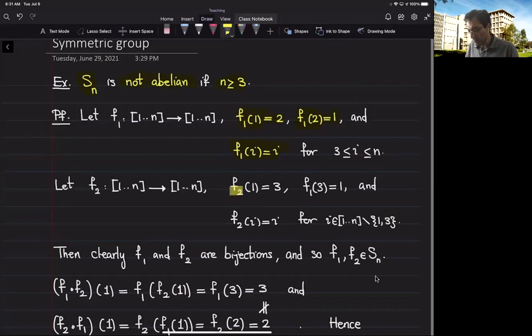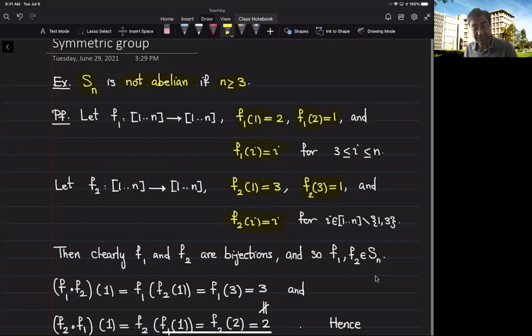So f sub 2 of 1 is 3, f sub 2 of 3 is 1, but I'm not touching the rest. So the first one just switches the order of 1 and 2. The next one swaps the order of 1 and 3. But the rest are going to be the same as before.